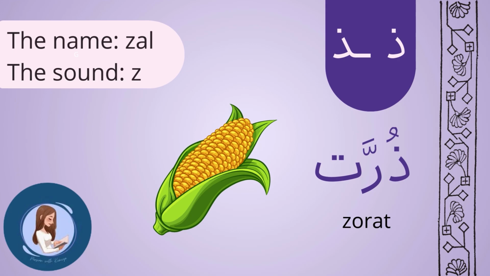And also, you can see that I have put the signs of the vowels on the letters, like the O vowel, the A vowel, and we're going to learn them separately later. But I want you to know that we only write them when we are at the beginner level.